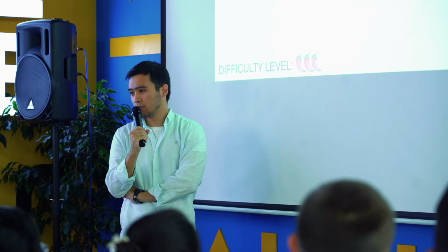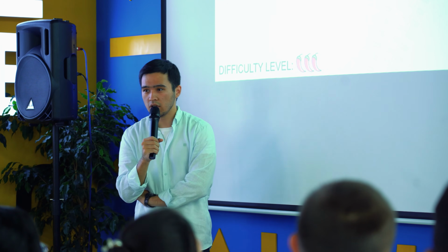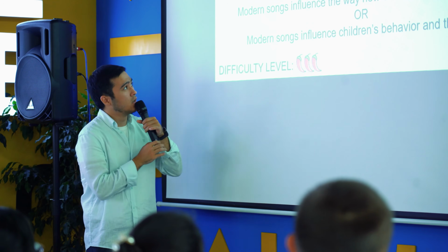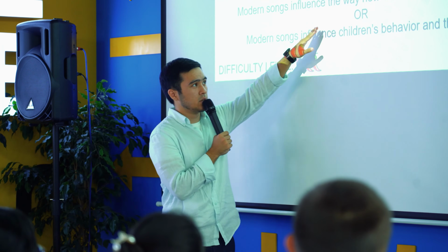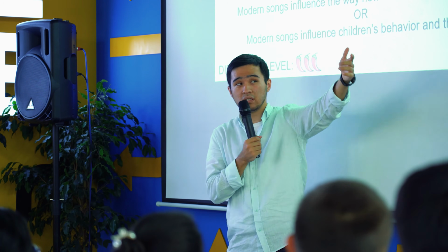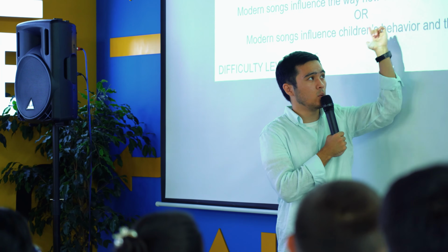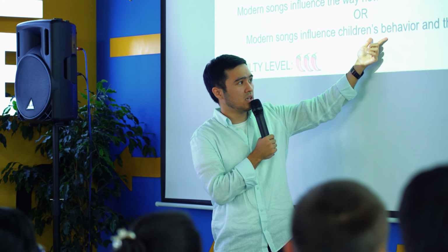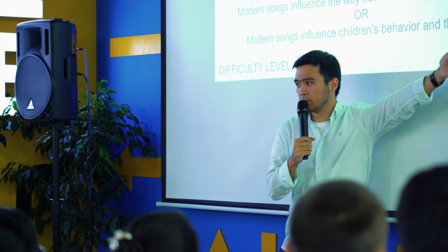Modern songs influence children's behavior and their words. Easy? More understandable. Or the alternative version. Modern songs influence the way how children behave and speak. You see, the way how children behave and the way how they speak. Or children's behavior and their words.